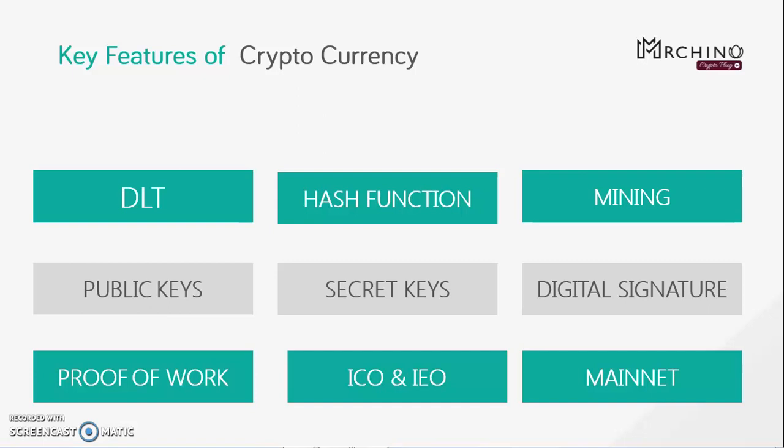Then the secret key is a piece of information or a parameter that is used to encrypt and decrypt messages in symmetric encryption. In asymmetric encryption, two separate keys are used. So in cryptocurrency encryption, we use two separate keys.